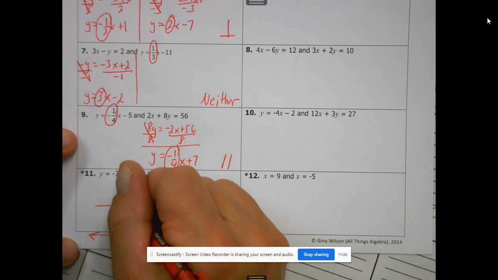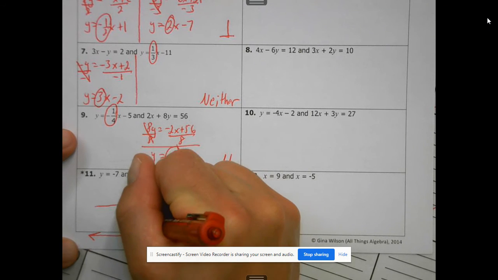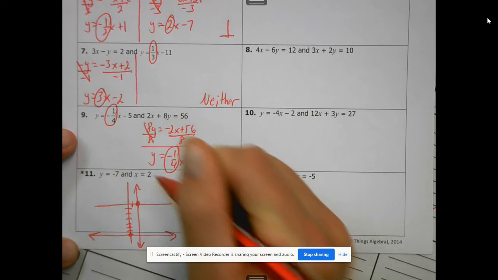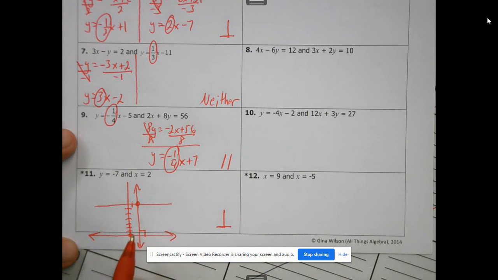X equals 2. The x-intercept is 2. And if you look at the lines, they are perpendicular. So if you ever have a y equals and an x equals, they will always, always be perpendicular.